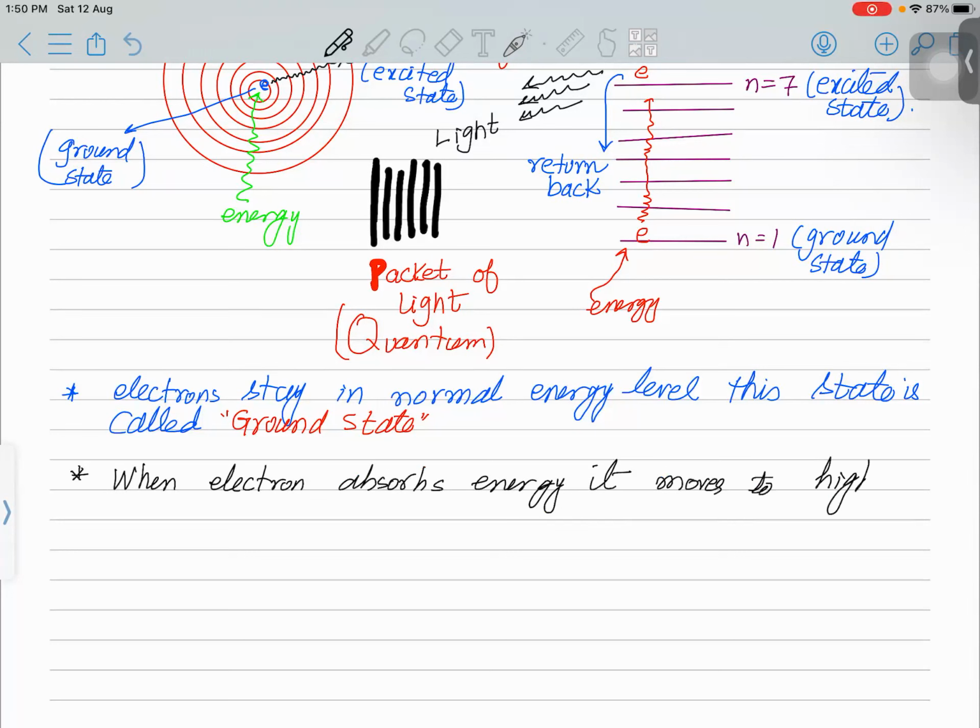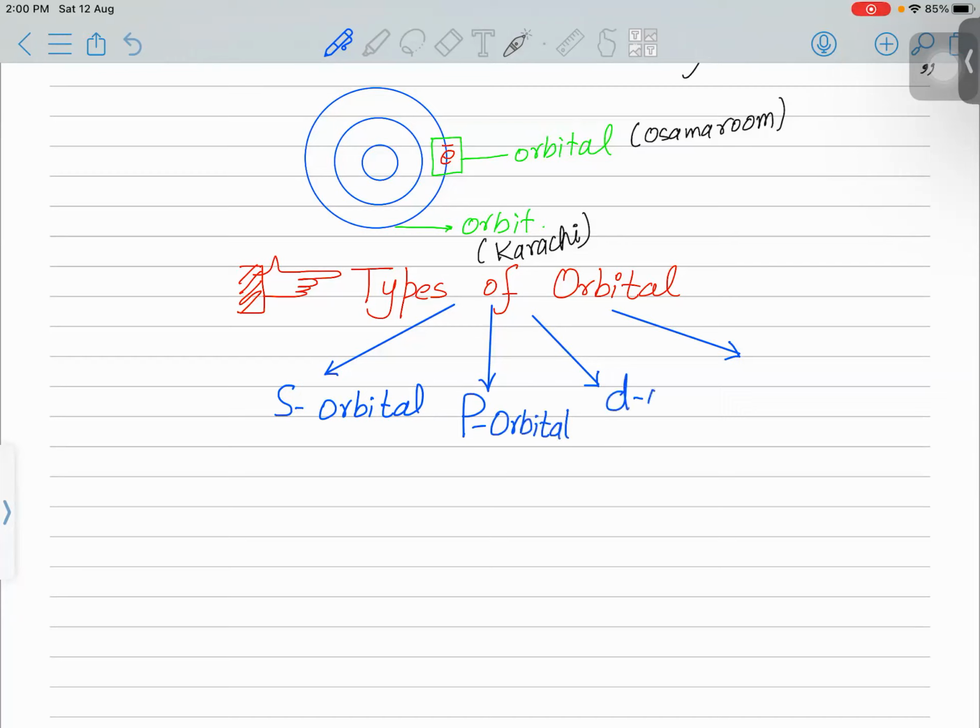Okay, there are 4 orbitals. First is s orbital, then p orbital, then d orbital, then f orbital.